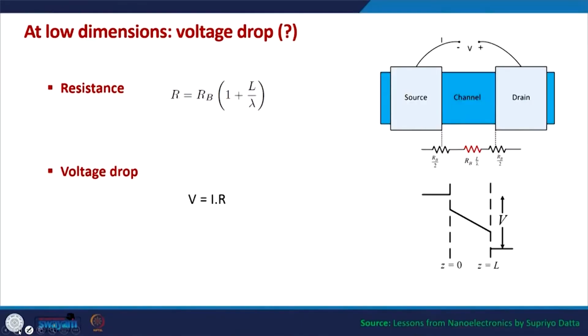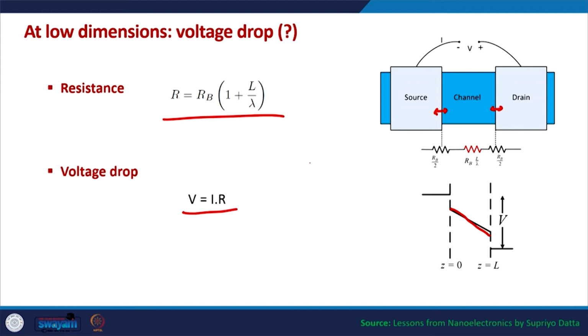Okay. So, as a consequence of this, the resistance is fundamentally different than the resistance according to the Roots model, and as a consequence, the voltage drop is also fundamentally different. There is a voltage drop associated with the interface as well, and there is a voltage drop associated with the length as well.